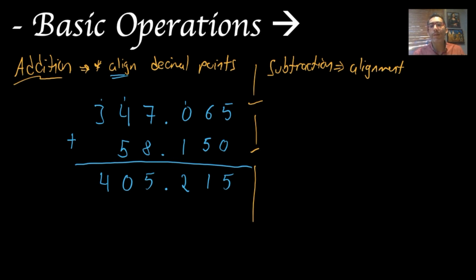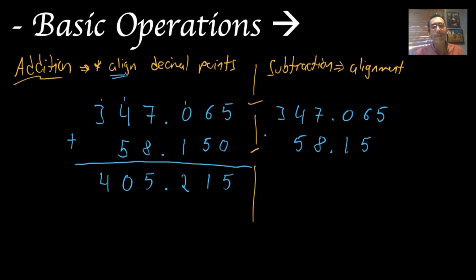So if we take these same two numbers, the ones with which we performed the addition, let's use them to perform the subtraction. So that will be 347.065. The other number I will align, so it is 58. I only have tens and units, so below the tens and below the units, the point below the point, 15.